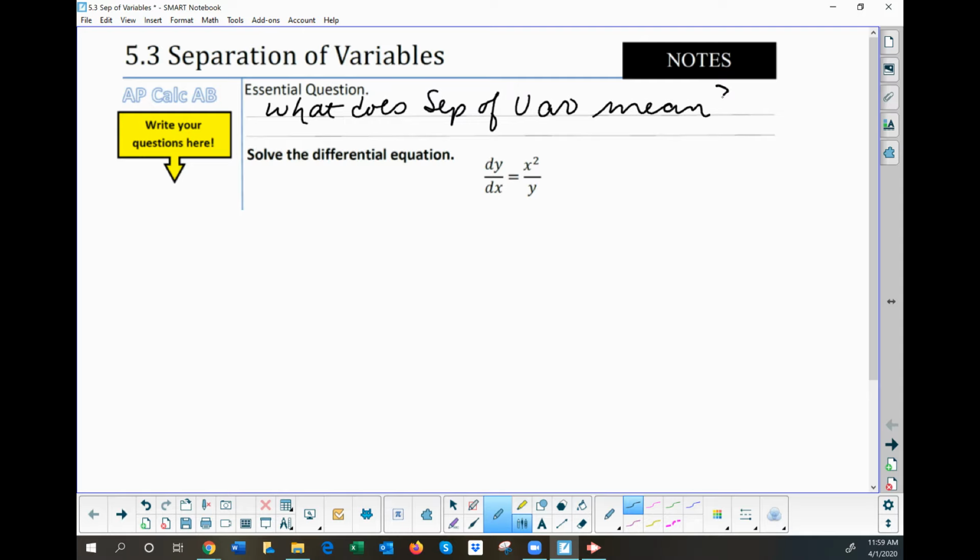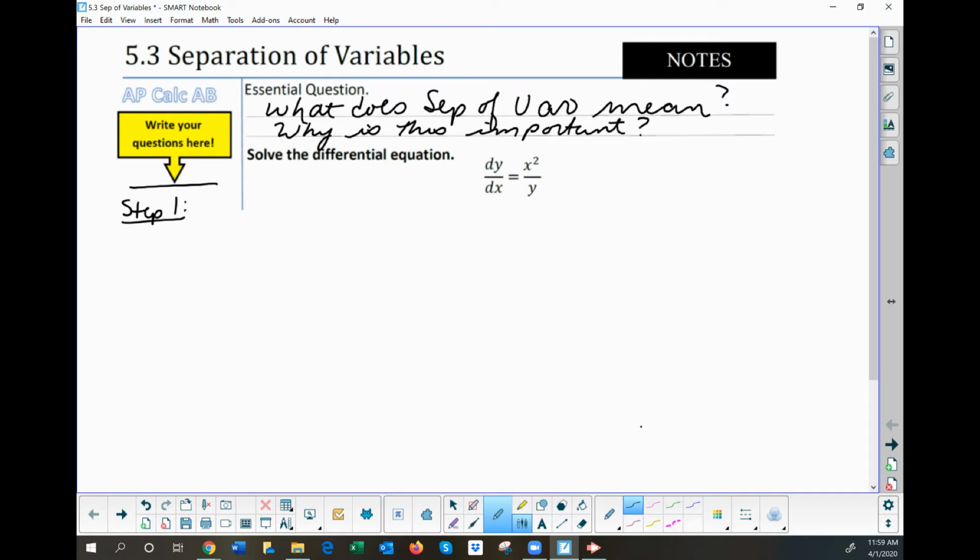Hopefully we can answer that question today. And then, why is this important? Those are a couple of things that I'm going to try to point out to you as we go through this lesson. If you want to write your questions over on the side, I tend to use this space more for outlining what we're going to do.